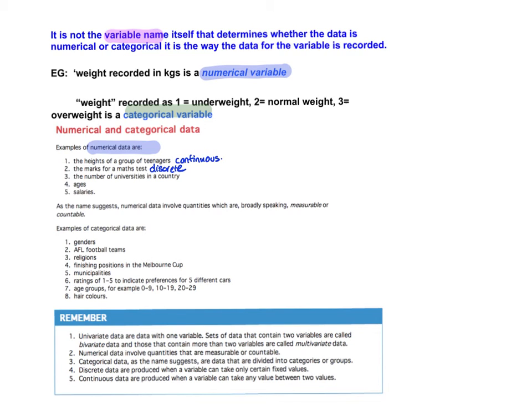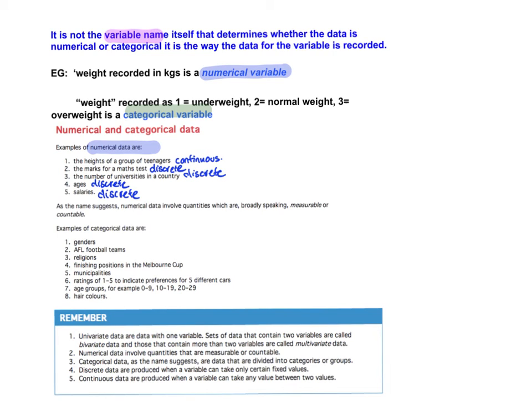The number of universities in a country, we counted that, so that would be discrete. Ages are actually discrete as well, because we're either counting the years or the months. And salaries are also discrete, that's just how much money you're earning.